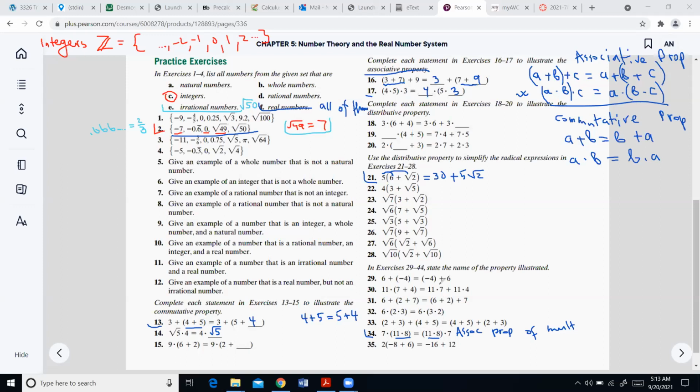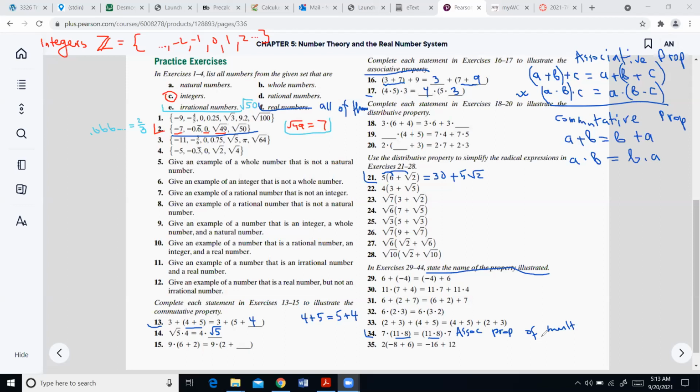These exercises may not seem standard because you don't have to calculate anything. What you need is to state the name of the property illustrated. So what property is this? What property did we use? Well, it turns out it's the associative property of multiplication. You say, Alex, why do we need all that? We used to just take numbers, multiply, and get the answer.